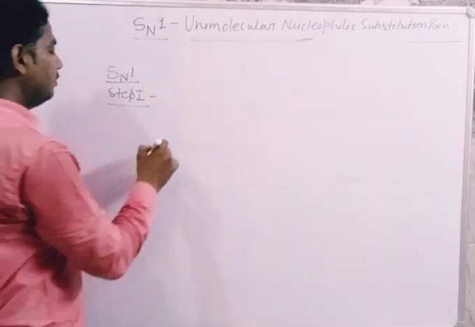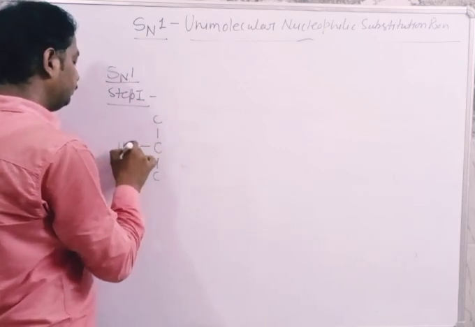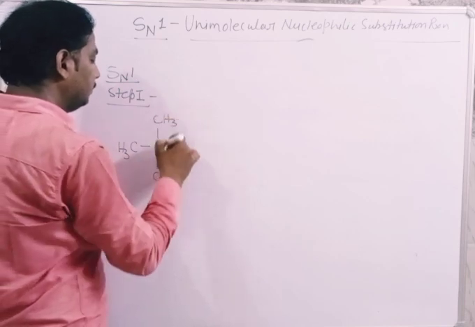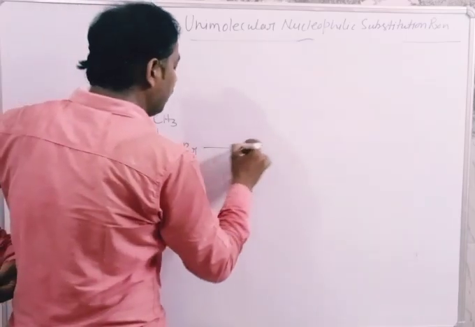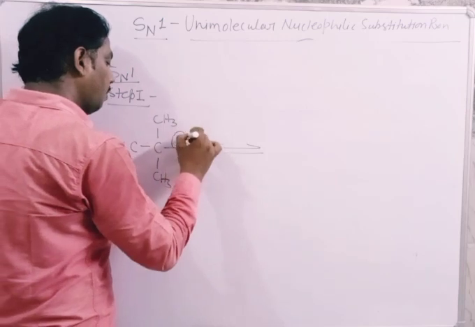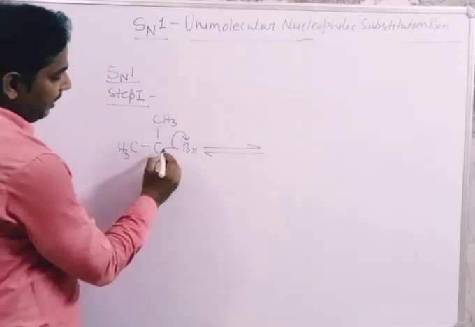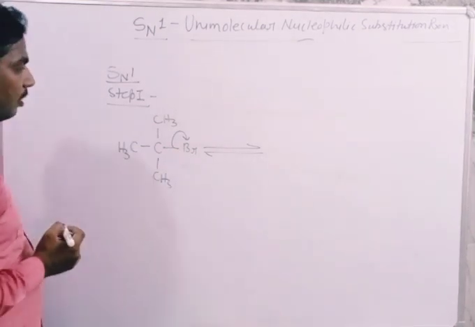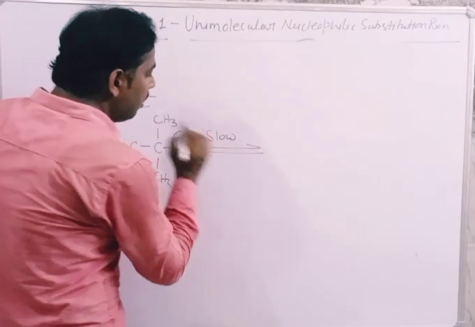In step first, breakdown of Br from the carbon takes place, and the pair of electrons go to the Br. Why? Because Br is more electronegative, and this is the slow step, and this is also a reversible step.